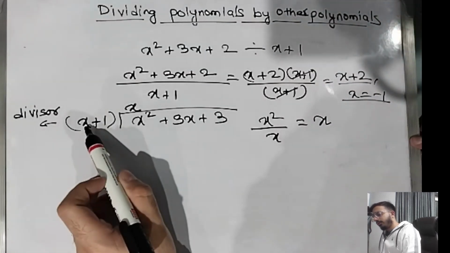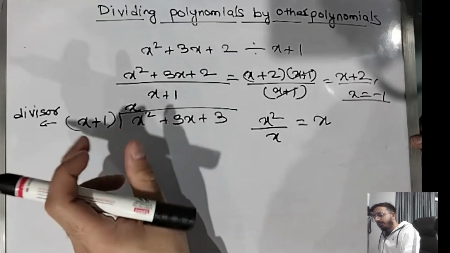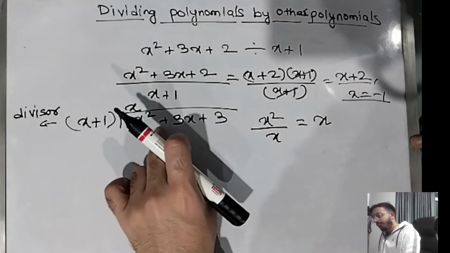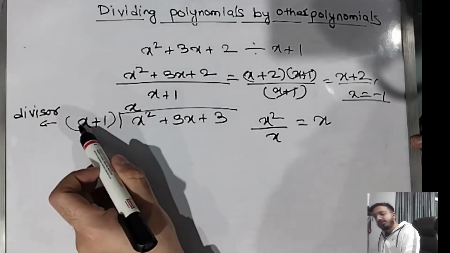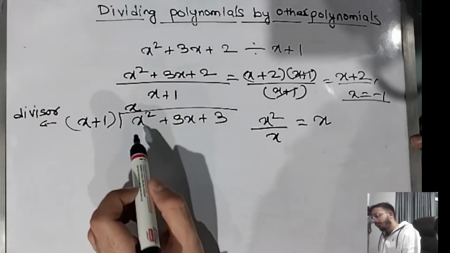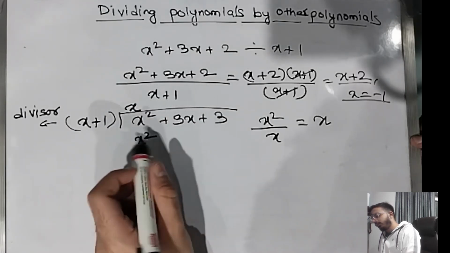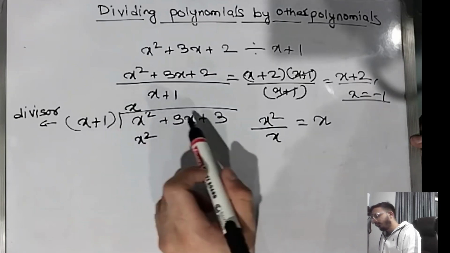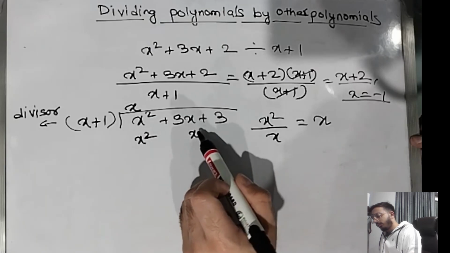Multiplying x by x plus 1, we get x square plus x. Now we have to place the terms with the same power of x below each term. So x times x is x square, so we put x square below the x square term in the dividend. And x times 1 is x, so we put it below the term which has the same power of x. Over here it is 3.